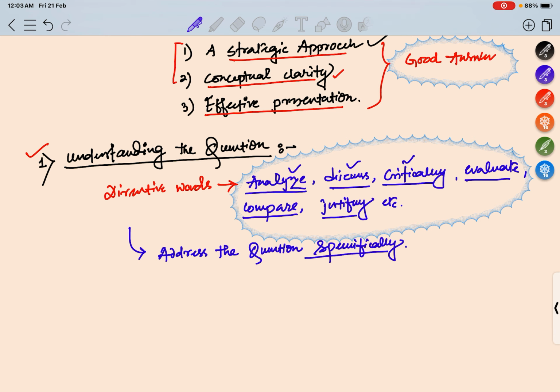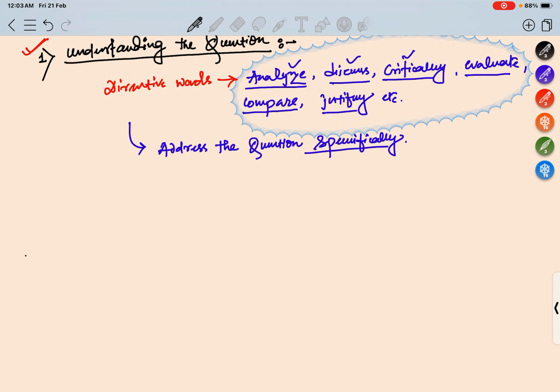You have to understand it, and then write the requirement of the question. So first of all we will understand the question. This will be our first job in writing an answer, understanding the question. Next, we will go for structure.